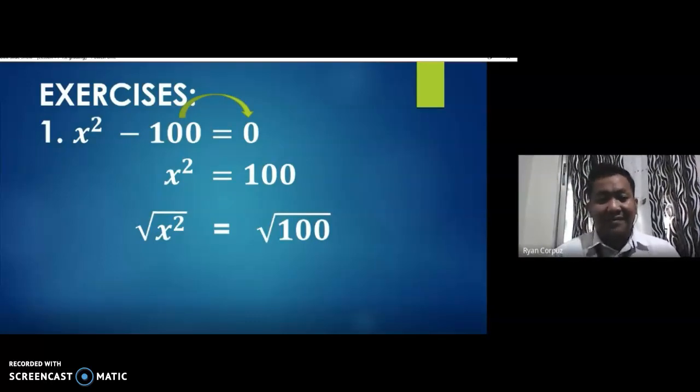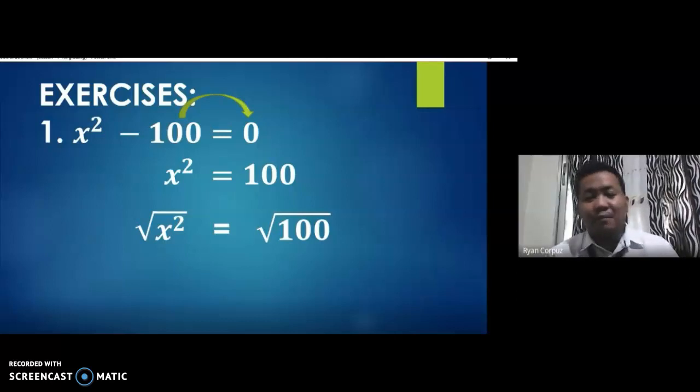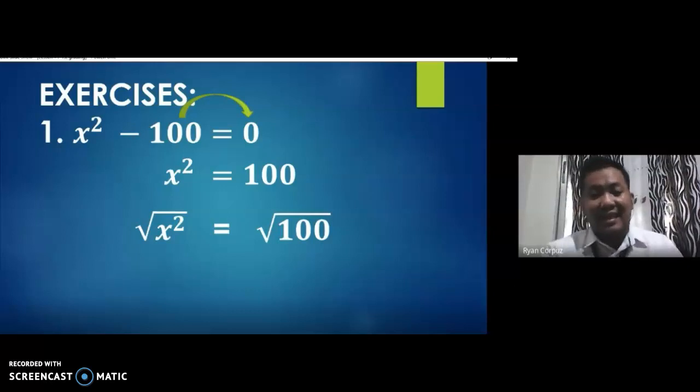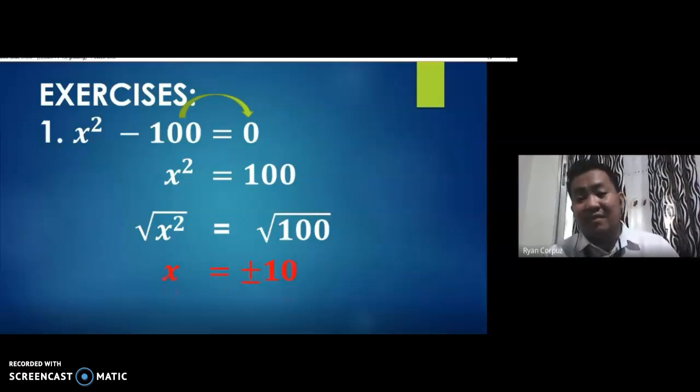But the truth is, the square root of a certain number is two numbers. Those are the positive and the negative of the square root of that number. So, for example, we have the square root of 100. The square root of 100 is not just 10. It's positive and negative 10.